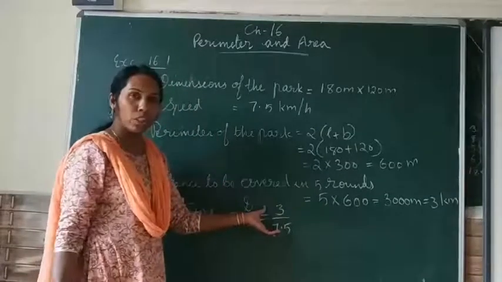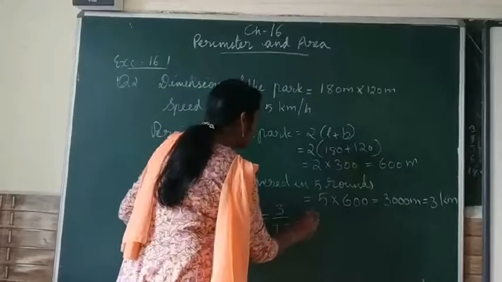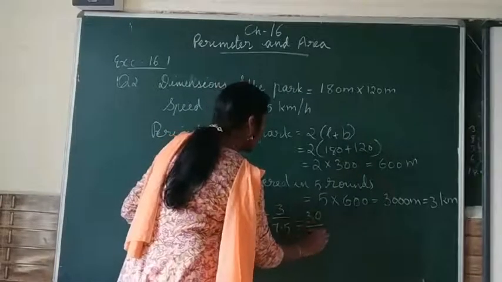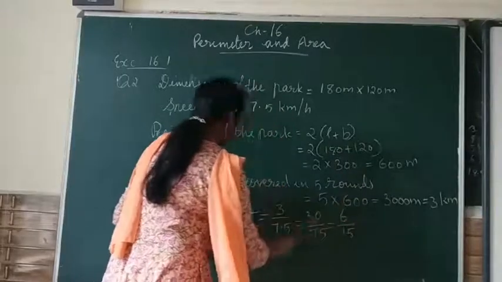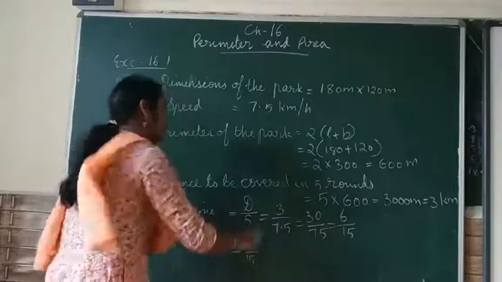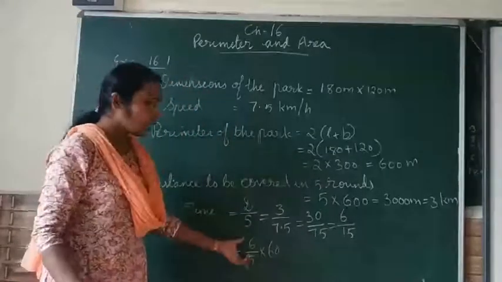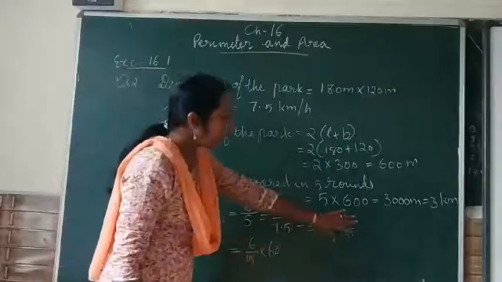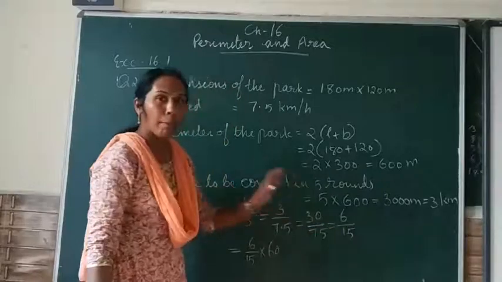We can convert it into minutes. Now 3 by 7.5 can be simplified. That is equal to 30 by 75 or it is 6 by 15. So she takes 6 by 15 hours to complete 5 rounds.